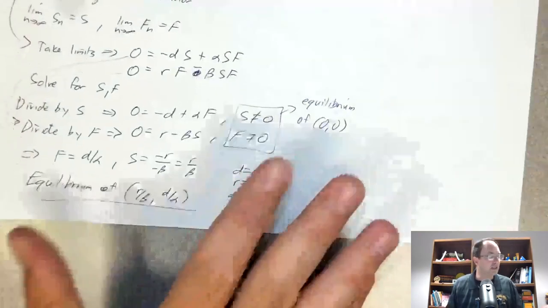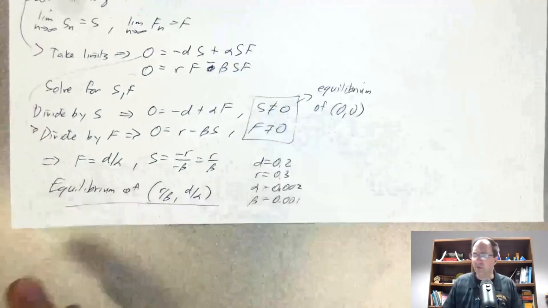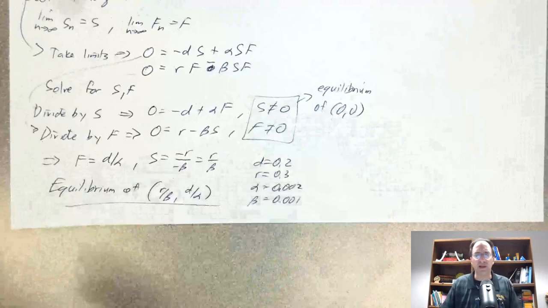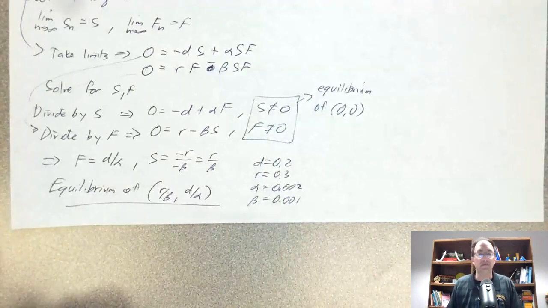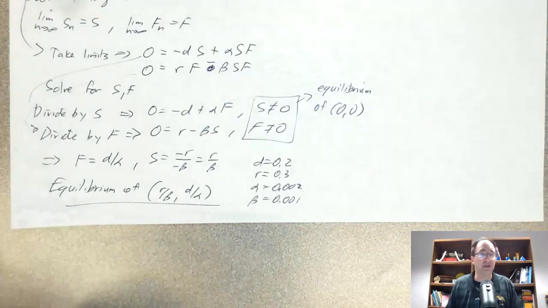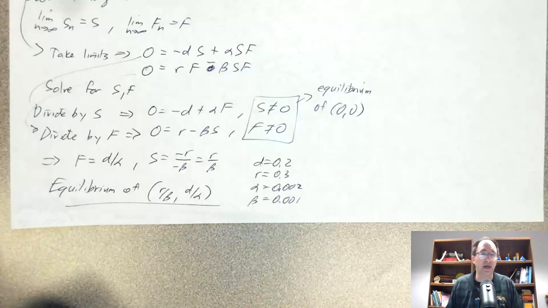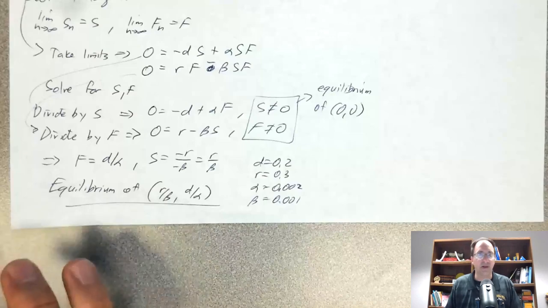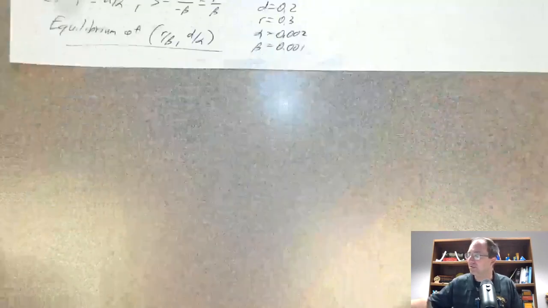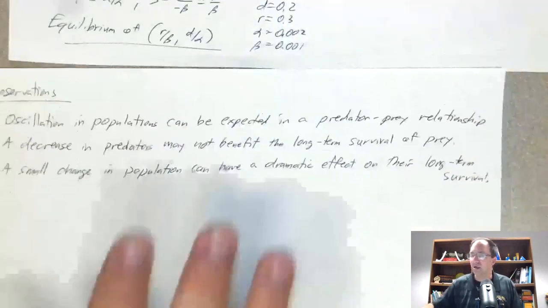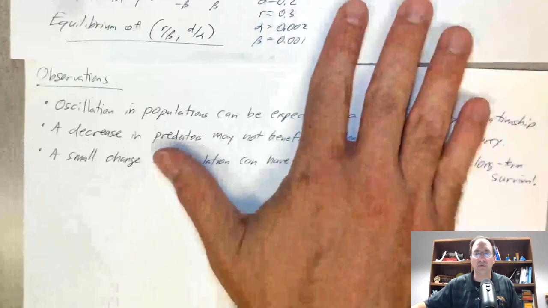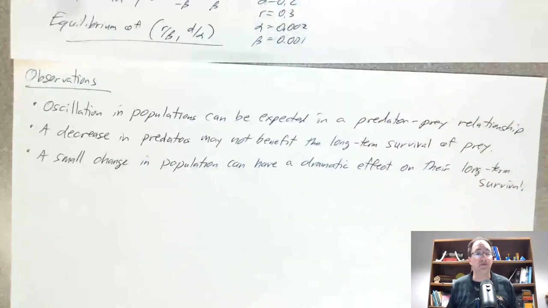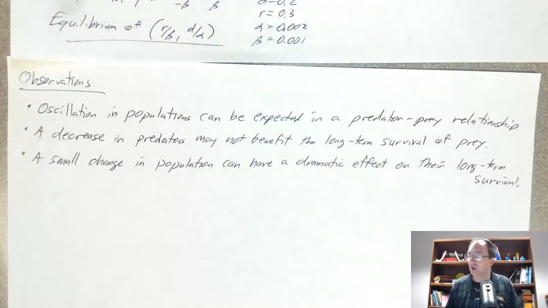So just to summarize then, this modeling process, sometimes we like fitting a model to data and getting a nice fit to the data, but sometimes we can just get some observations that may be as valuable as actually fitting a model to data. And so here are 3 observations that are worth taking away from this particular exercise.